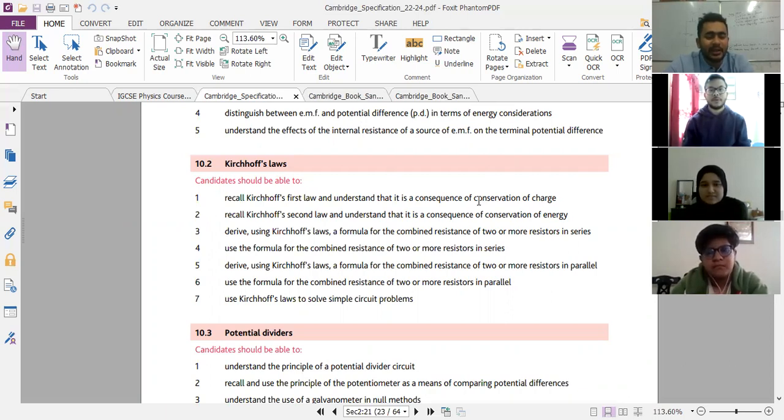Nabila, tell me: regarding the consequence of charge, what point are they trying to introduce here? We study the sum of current entering a point equals the sum of current leaving a point, but here they say recall Kirchhoff's first law, and understand that it is a consequence of conservation of charge. How does this make sense to you? How does it link with conservation of charge?